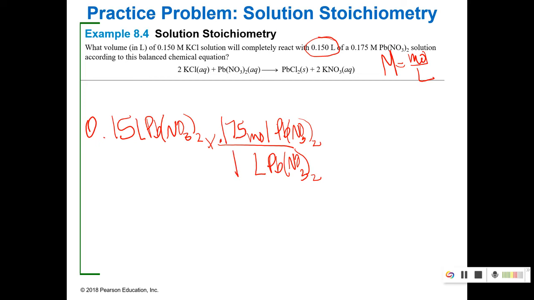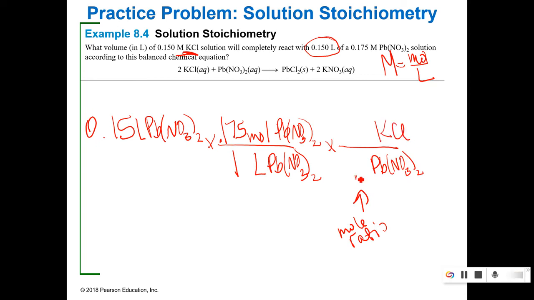Remember, the number goes with the moles. The liter number is 1. Okay, now it wants us to get to KCl. So this is our mole ratio from before when we were doing stoichiometry. So Pb(NO3)2 goes on bottom. Remember, it's wanted over given. KCl goes on top.